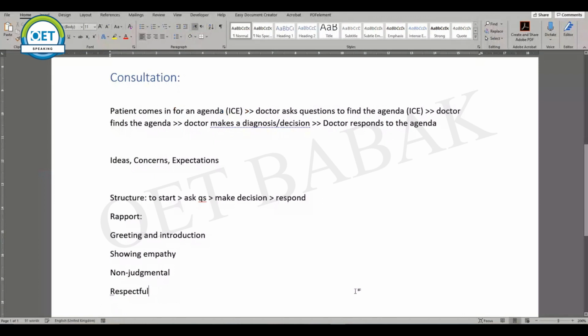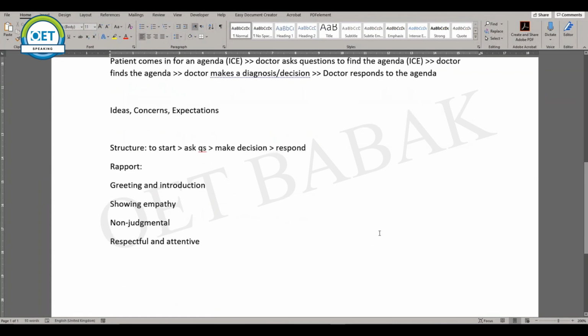Attentive and respectful. So, what is attentive? Showing attention to the patient, maximum attention to the patient. And how do we do that? Listen to the patient. Listen carefully and do not interrupt her or him. Okay. And what?